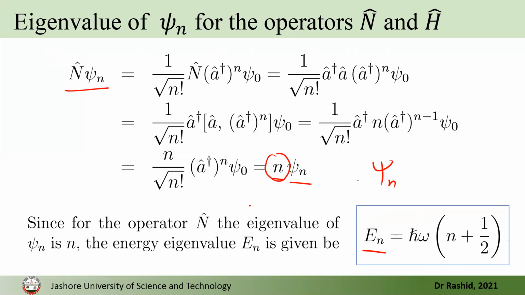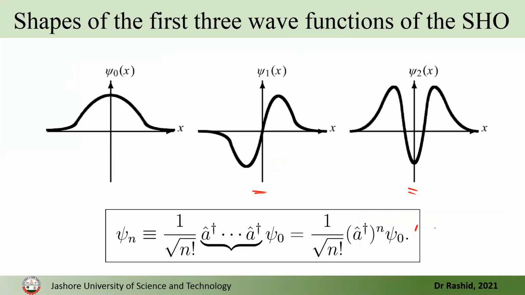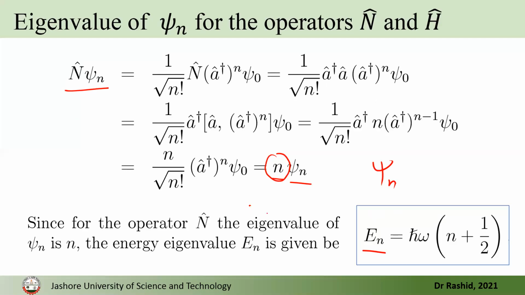So we can calculate all the states explicitly using this definition. And we also know that when the number operator acts on the wave function psi n, it gives the eigenvalue n. So we can calculate the energy eigenvalue immediately, and that is h bar omega times n plus half.